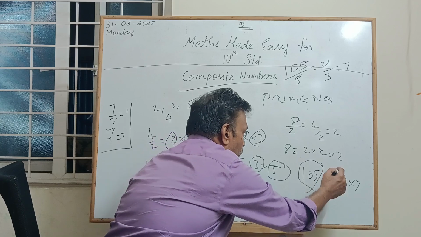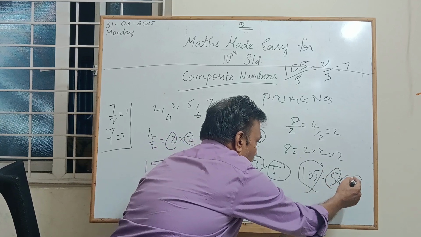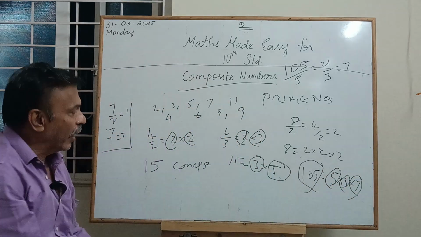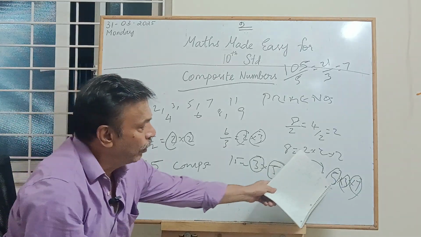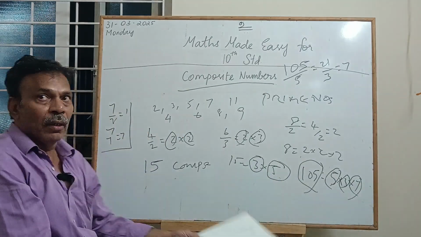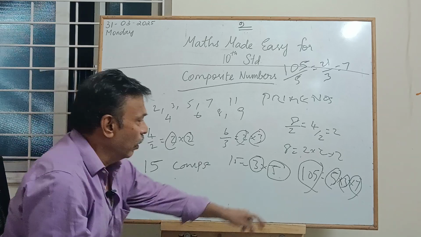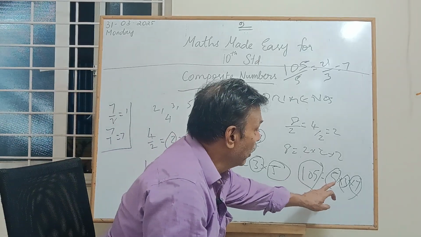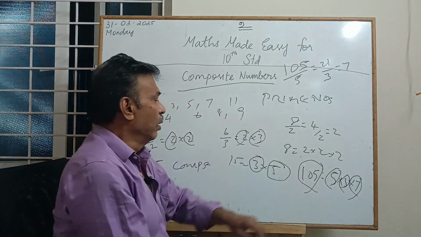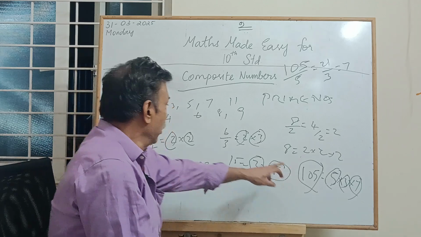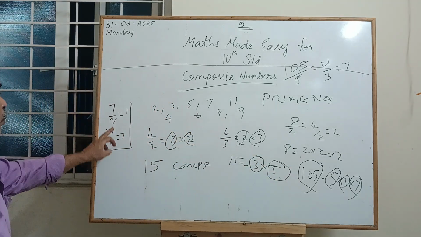So these 3 are prime numbers: 5, 7 and 3 are prime numbers. So again a composite number consists of prime numbers. Now this 105 consists of 3 prime numbers. Are you clear? But a prime number consists of only 2 factors.